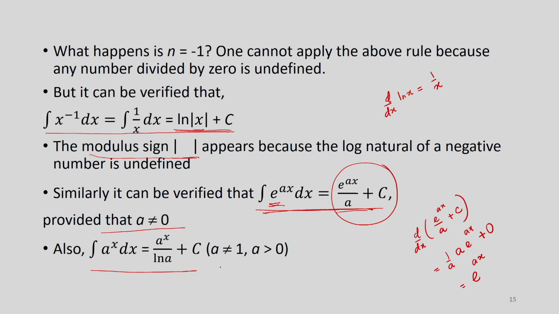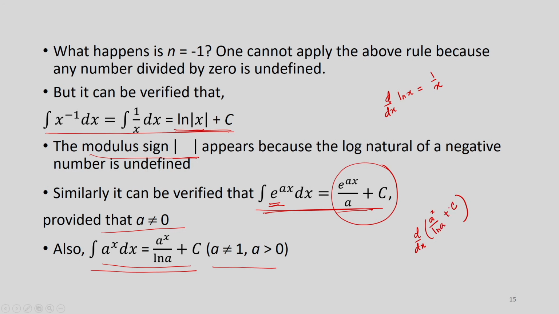So, these conditions have to be satisfied, and I can again check whether this formula is all right or not. What I do is I take the derivative of the right hand side, which is a to the power x.